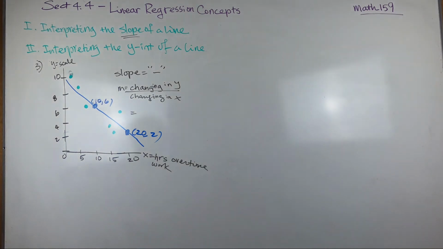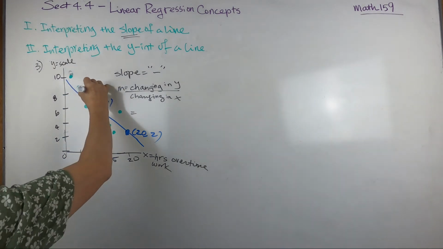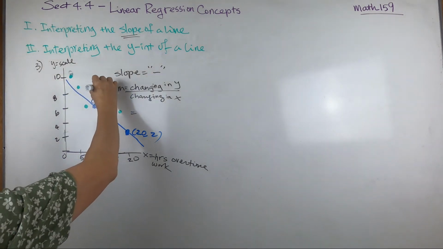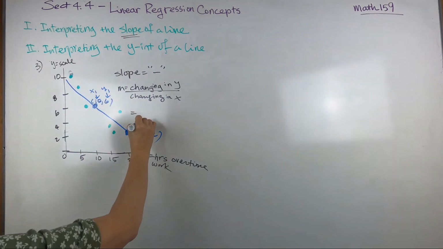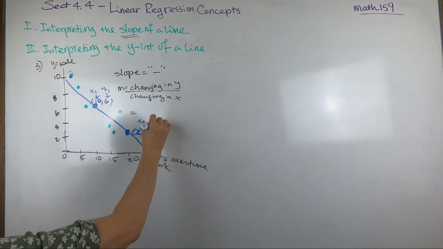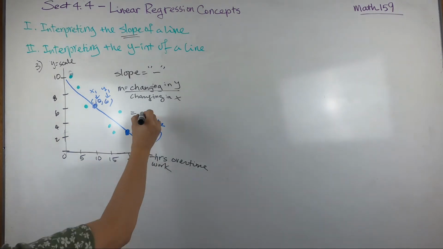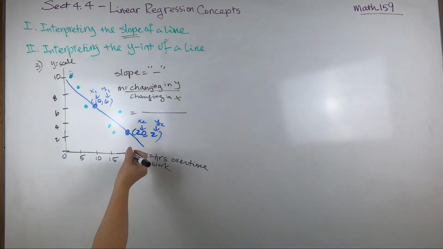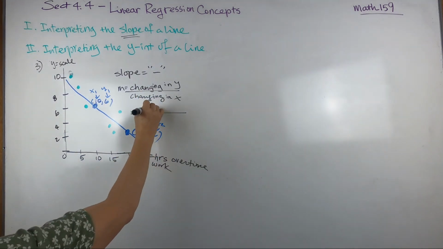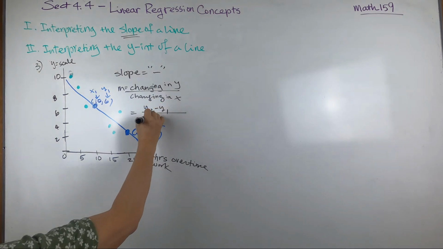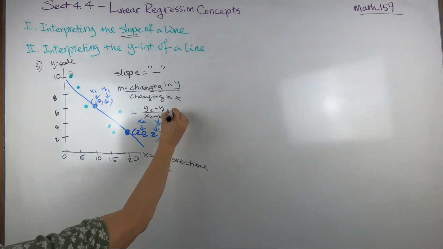Then we can use x1, y1, x2, y2. So that's just x1, y1. Identify them first. x2, y2, right? So how do we calculate that? Change in y, y2 minus y1 over x2 minus x1, right?